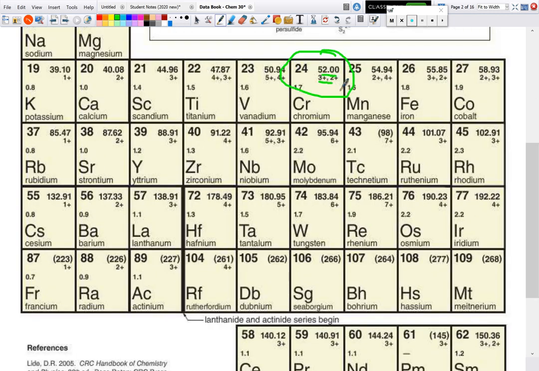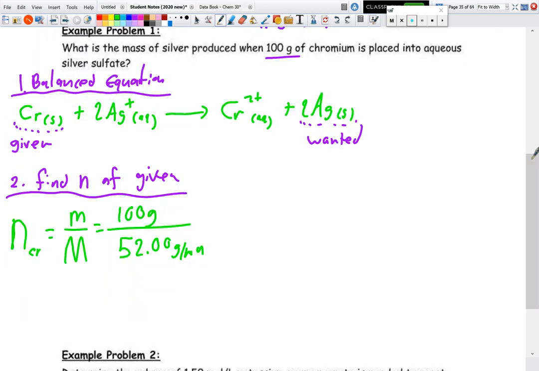So 52 grams per mole for chromium. When you do 100 divided by 52.00, we get 1.9230769 moles of chromium.